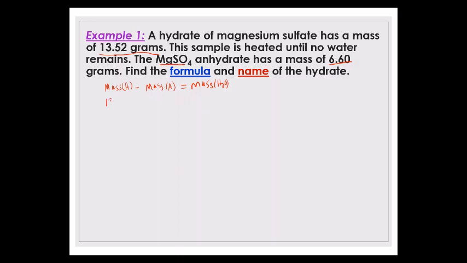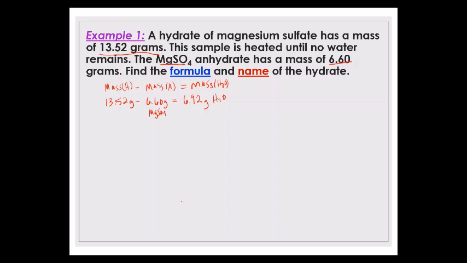Let's go ahead and do that. 13.52 minus 6.6 gives us the mass of the water, and the mass of the water is 6.92 grams. So this is the water, and this is the magnesium sulfate, the anhydrate.